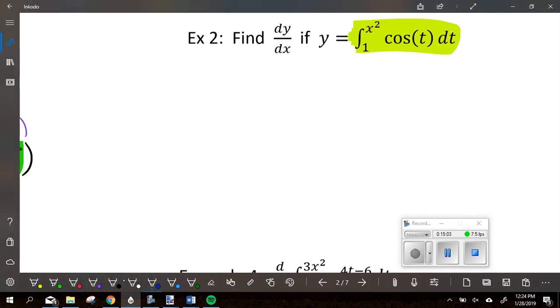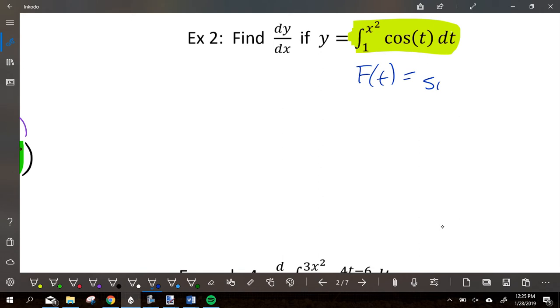I'm going to start off by finding capital F of t. What is the antiderivative of cosine? What comes before cosine? Sine comes before cosine on our wheel. And so sine of t, that's my antiderivative. I'm going to evaluate that thing starting at 1 and going to x squared.